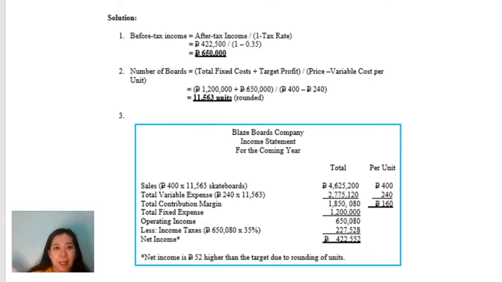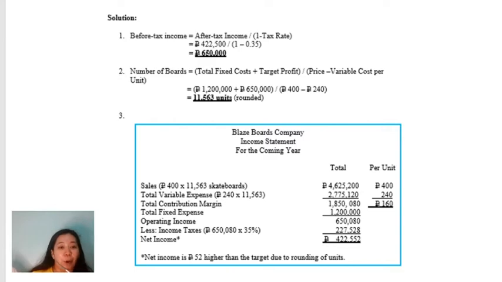For number 1, before tax income is equal to after tax income. The after tax income is given in the requirement, so all we have to do is divide it by 1 minus the tax ratio.